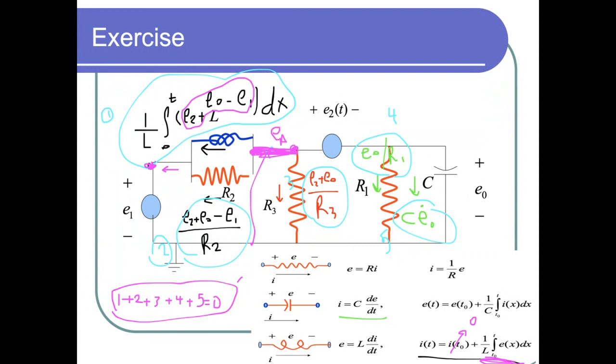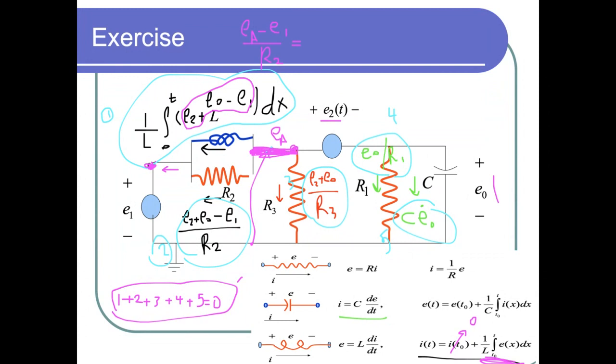Yes. EA is simply equal to E2 plus E0, right? So the current through the resistor is EA minus E1 over R2. Do you agree with this statement? Yes. What is EA?